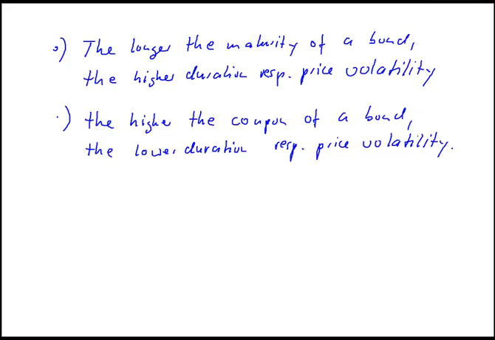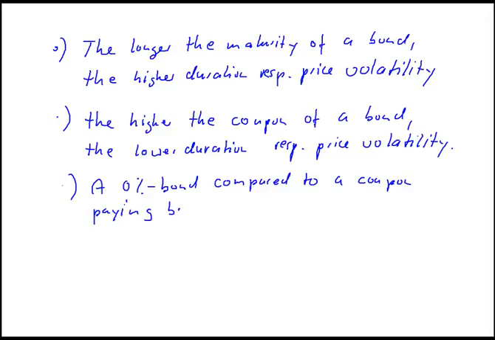So that means that a zero coupon bond compared to a coupon paying bond has a higher duration, respectively price volatility.